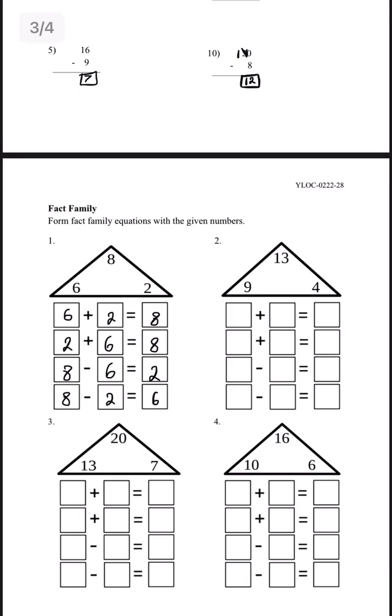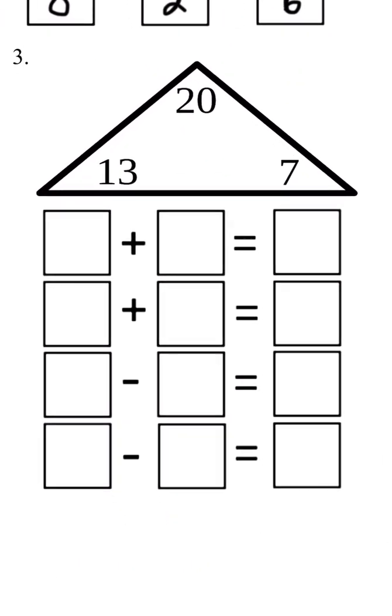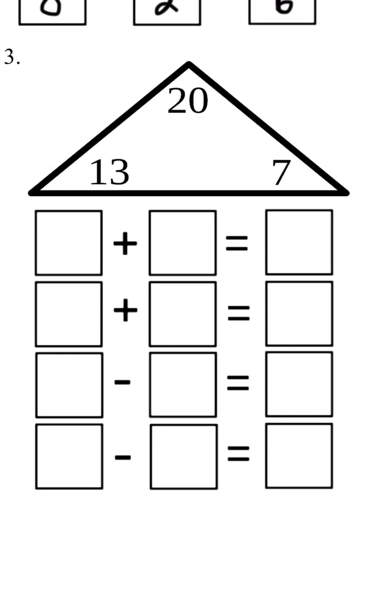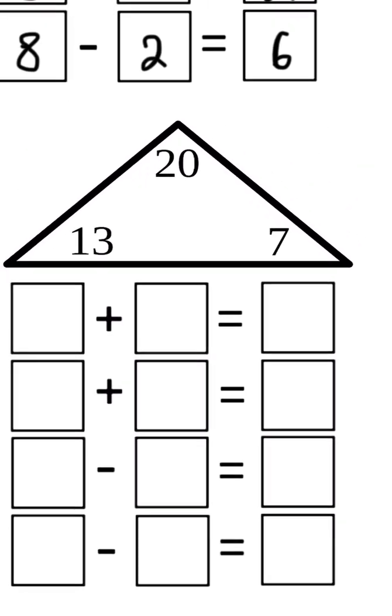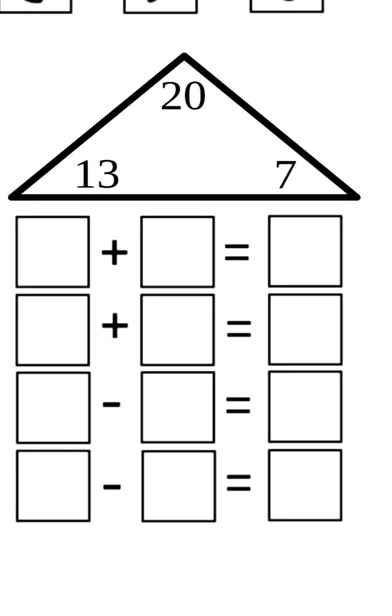Let's look at number 3. So for number 3, we have 13, 20, and 7. Like number 1, we need to see which numbers add up together and which numbers subtract together.